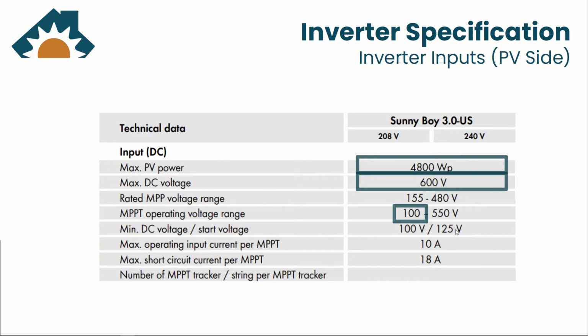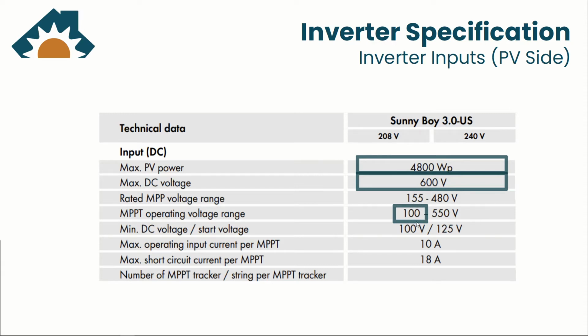And actually looking at this, either one is fine. You can choose the MPPT lower range, this minimum DC voltage, or this start voltage. In this case, I'm kind of surprised that this start voltage is higher than this minimum voltage.